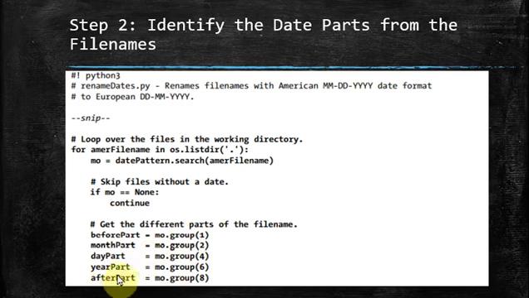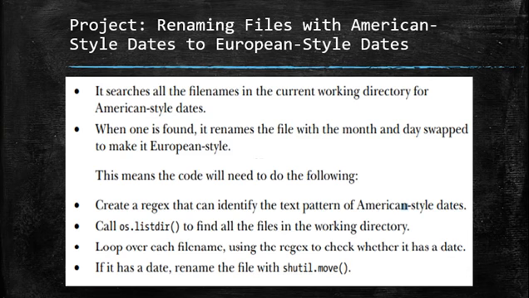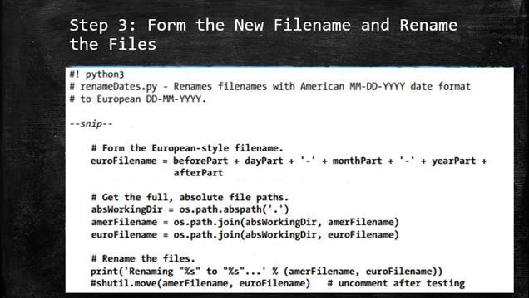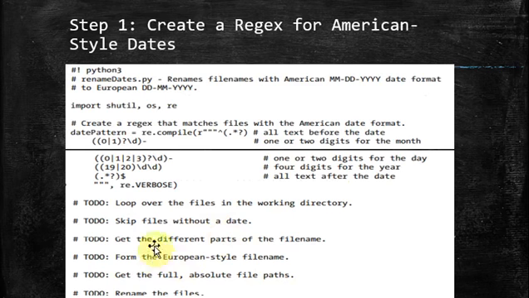So what was told in the first part is that you're going to loop over the file names using the regex to check whether they have a date. If it has a date, then next we have to rename. So before renaming, what did we do? We got the different parts of the file name, as in the to do section here, right? We looped over the files in the current working directory.